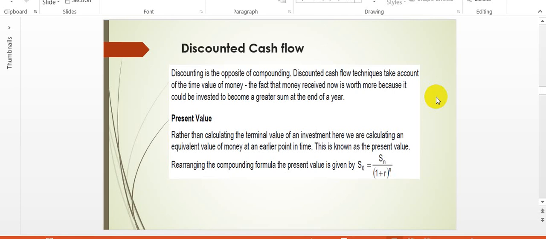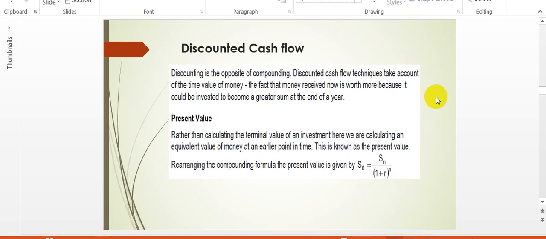We proceed with discounted cash flows. Discounting is the opposite of compounding, as we earlier alluded. Discounted cash flow techniques take account of the time value of money, which is that money is worth much more now than in the future.